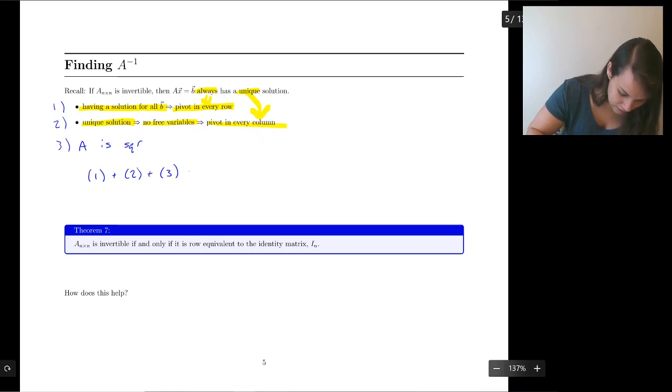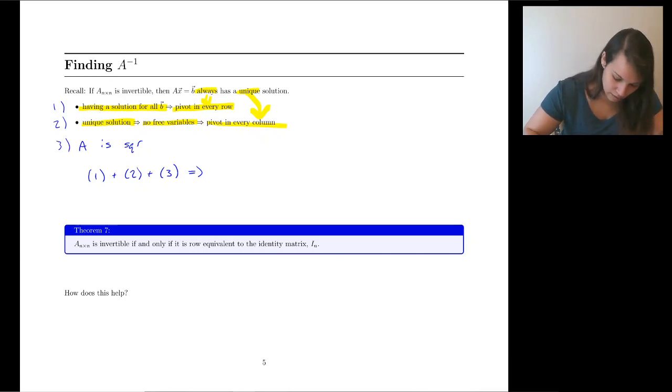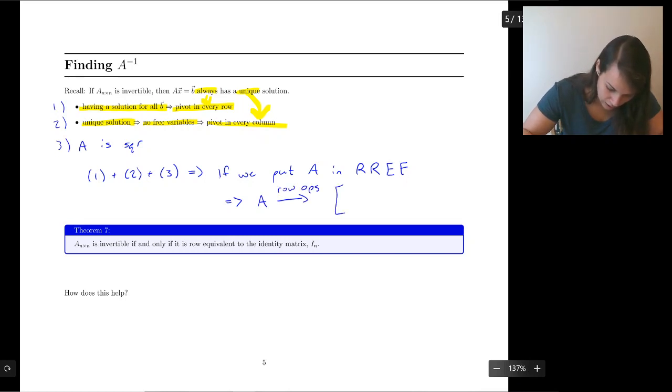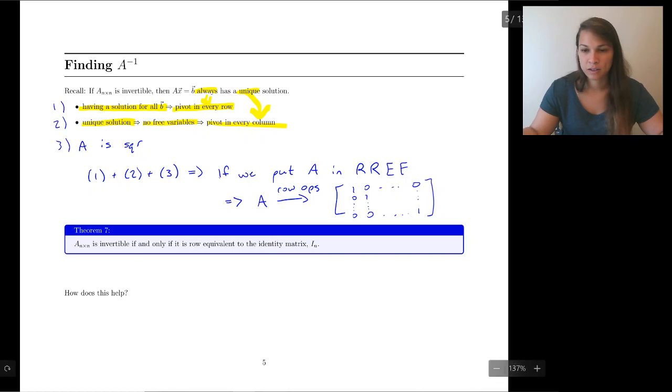what we get is, if we put A in reduced row echelon form, then A goes through some row operations, and we get pivot in every column, every row, and then those pivots are going to be 1 because our leading terms have to be 1 in reduced echelon form, and that's just the identity matrix.